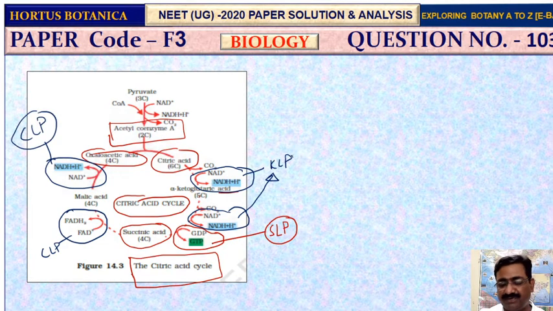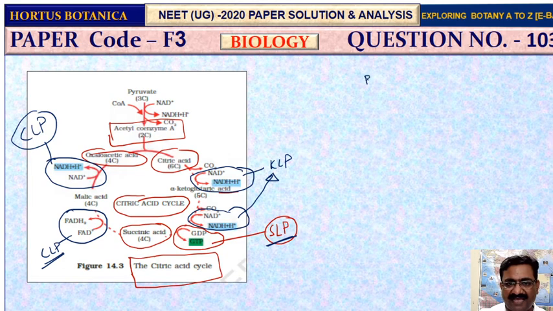So as I told you earlier, thrice NADH2 and once FADH2, right? This is also through the chain level phosphorylation, and once this is the substrate level phosphorylation, GTP will form. But I would also like you to understand the whole Krebs cycle.